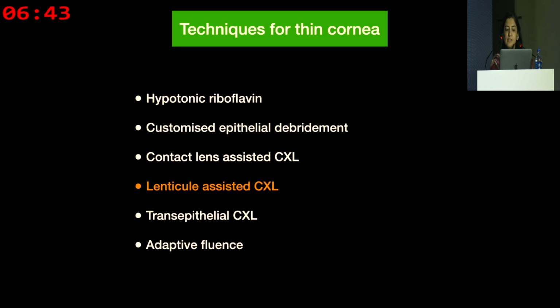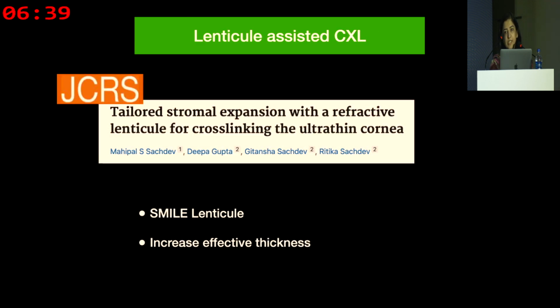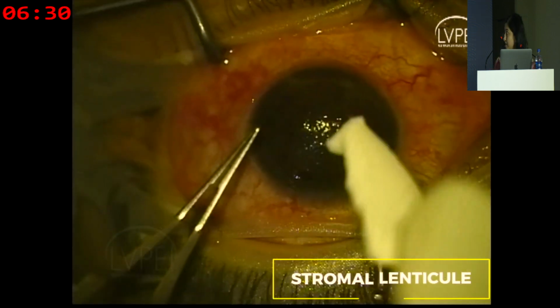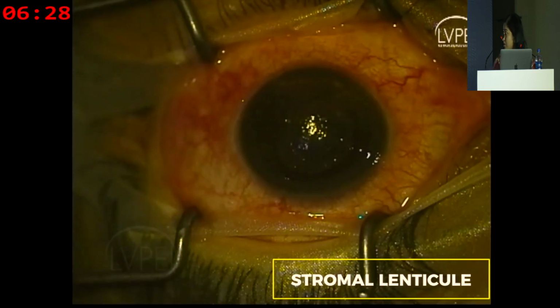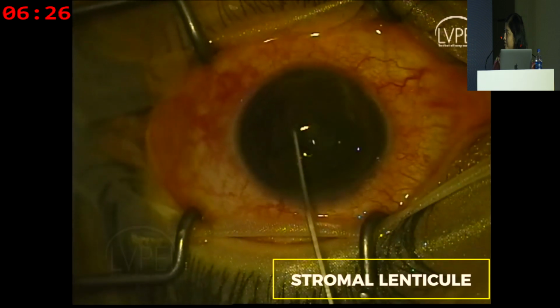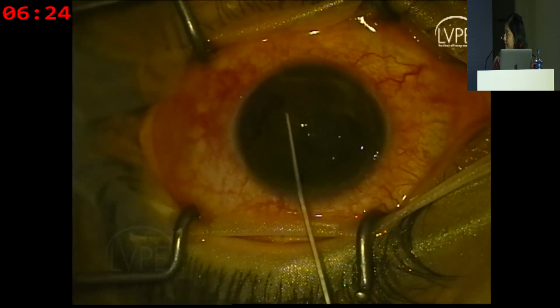Similar to contact lens assisted, there is a lenticule assisted collagen cross-linking, in which a SMILE lenticule is used. This was described by Dr. Namrata Sachdev and group. This will increase the effective thickness. So this is how it is done. A lenticule is placed on the cornea after epithelium is removed and then soaked with riboflavin.